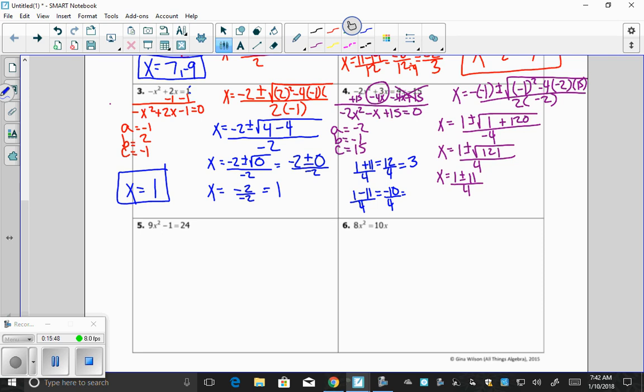And a number that will go into both negative 10 and 4 is 2. So negative 10 divided by 2 is negative 5, and 4 divided by 2 is 2. So your final answer is x equals negative 5 halves, comma, 3.